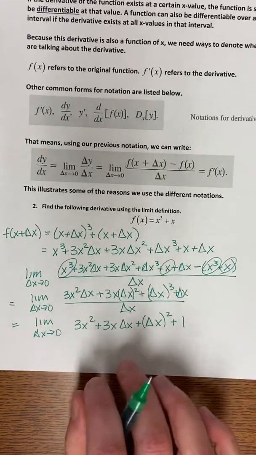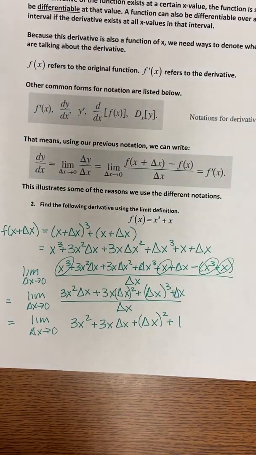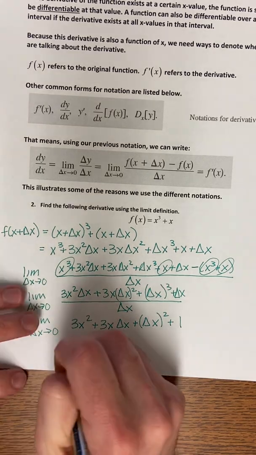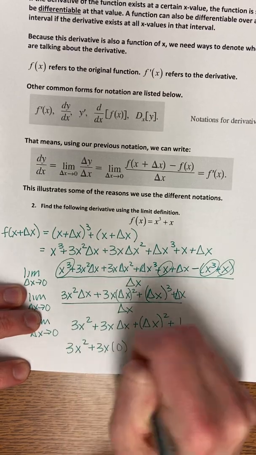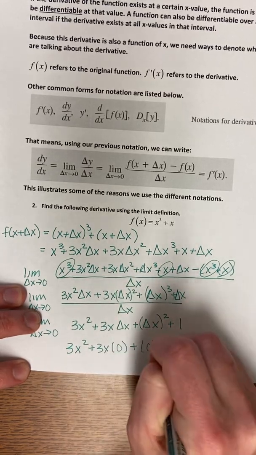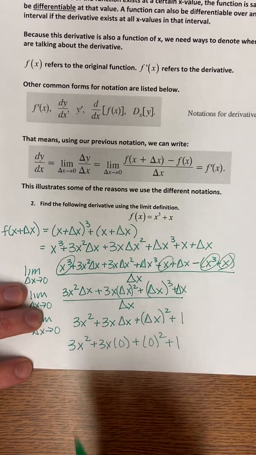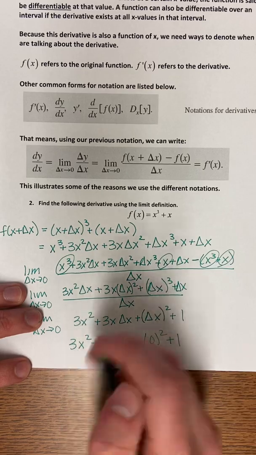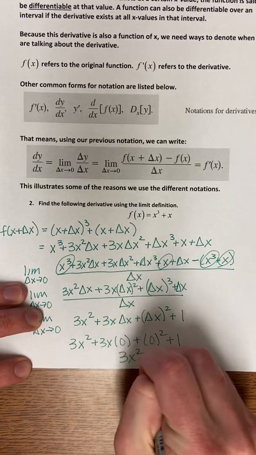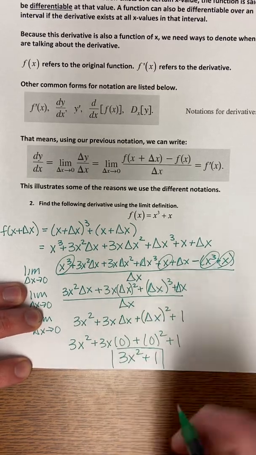And we're not dividing by anything now, so we can take the limit as delta x goes to 0, which means just plugging in 0 for delta x, which would be 3x squared plus 3x times 0 plus 0 squared plus 1. Now, 0 times anything is 0, so we should just be left with 3x squared plus 1.